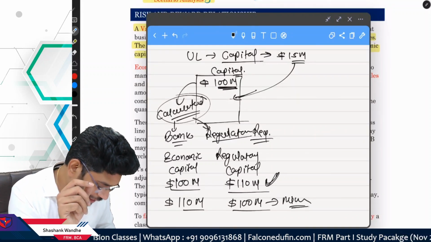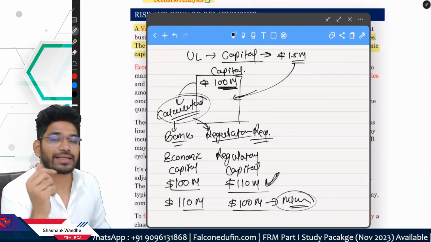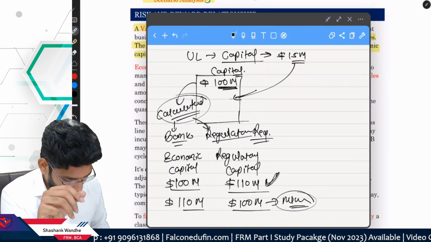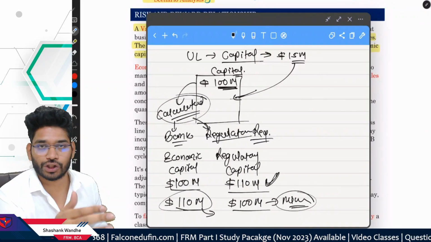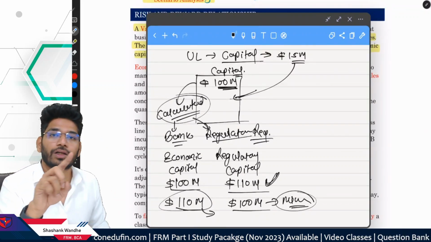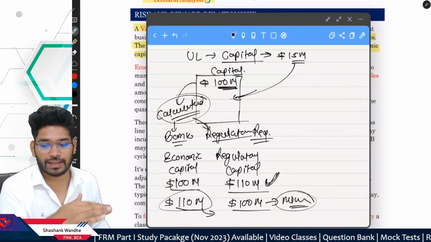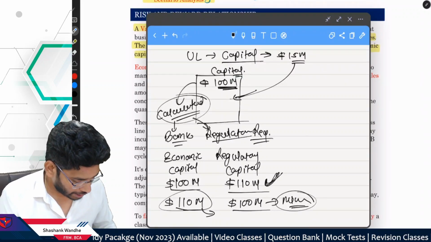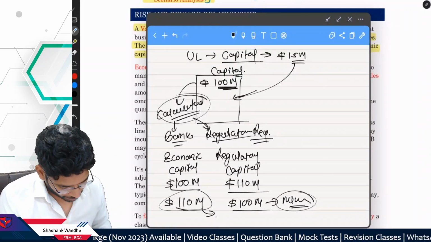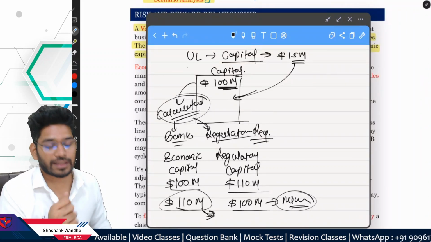You must maintain the minimum capital because it's a regulatory requirement. But it is very good to maintain the economic capital because you want to run your business and ensure that your business is stable. That's why you should maintain economic capital in this particular case. So ideally whichever is higher, but when the regulatory capital is higher, it is a must. When the economic capital is higher, it is recommended as a good business practice.